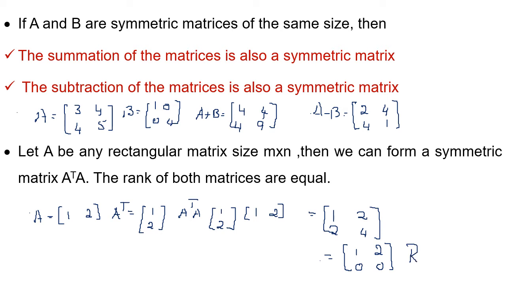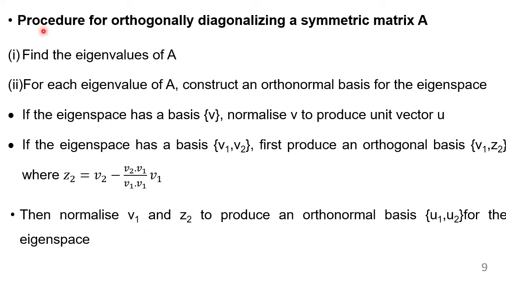So I say this rank is equal to 1. So therefore, here also you observe the rank is 1. So their ranks are always equal. Let us study the procedure for orthogonally diagonalizing the symmetric matrix.